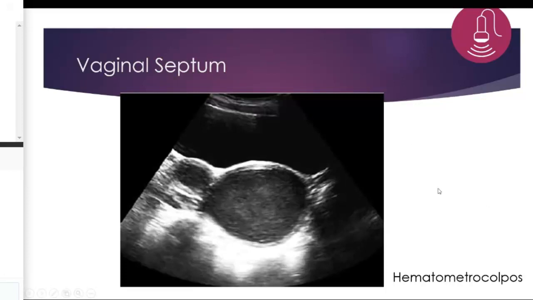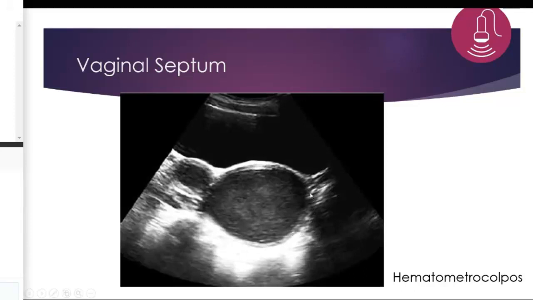This is a transverse transabdominal image. This is a patient who has both hematometra and hematocolpos. So hematometrocolpos. We can see that there is a lot of fluid within this cavity here.